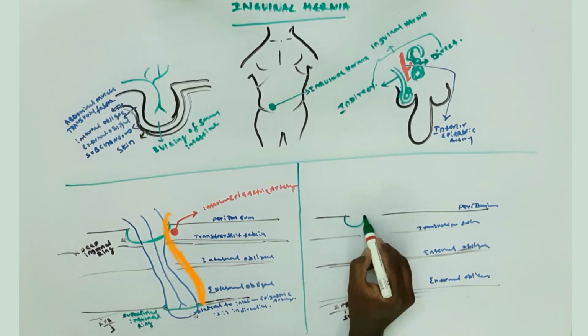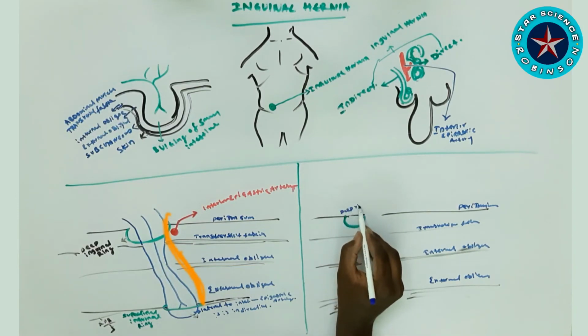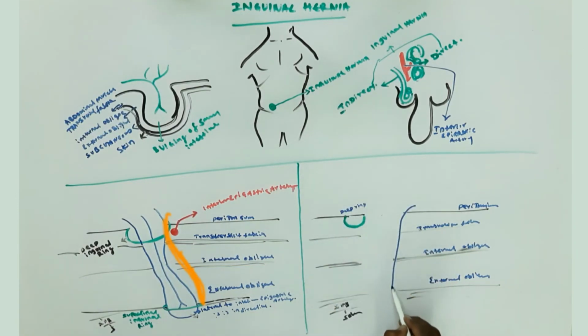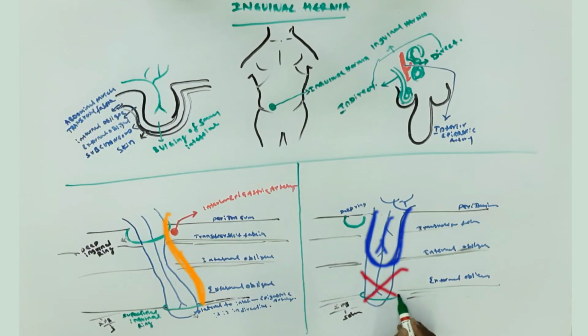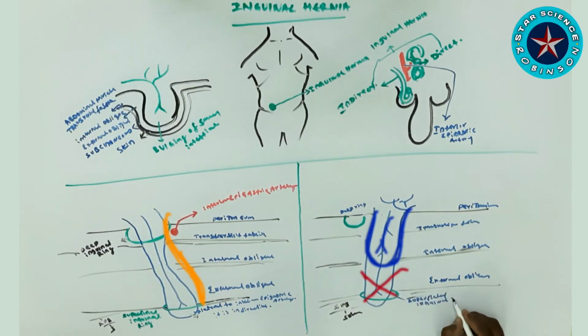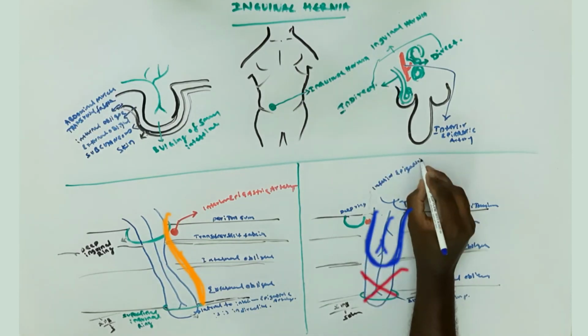As you see in our diagram, it is not entering the deep inguinal ring; it is the weak space that has thinned out in the abdominal wall. In this case, in the lower abdominal wall, the sac of the intestine protrudes, but it will not enter the superficial inguinal ring.